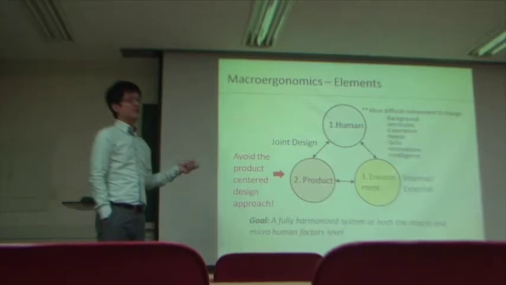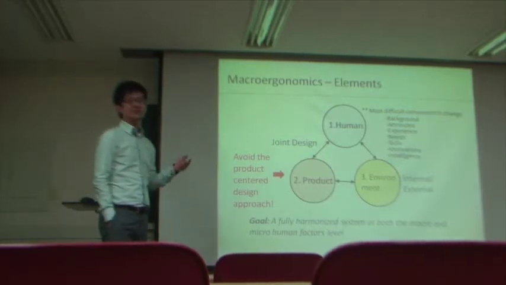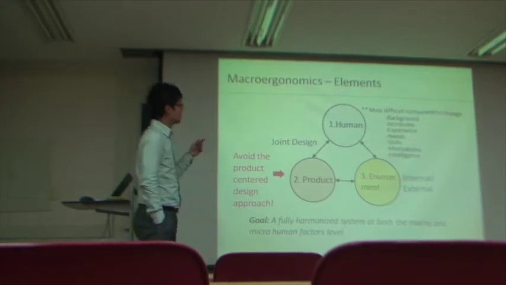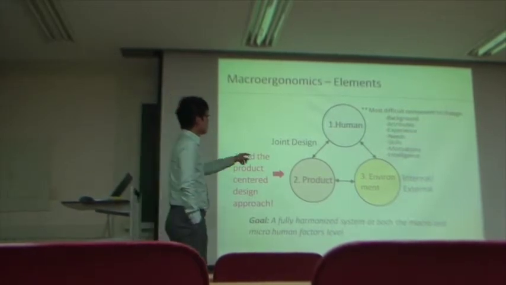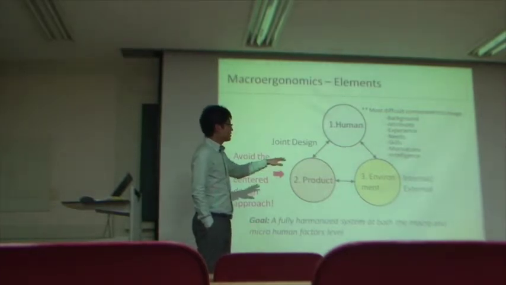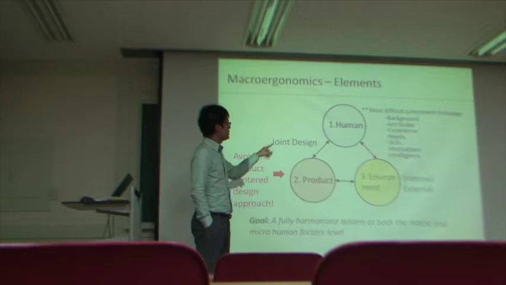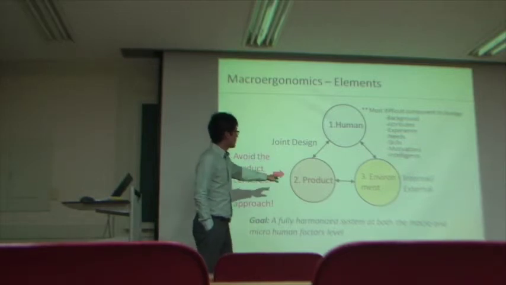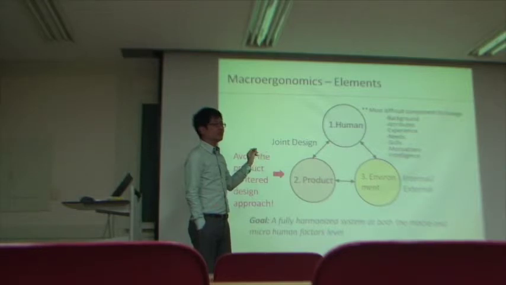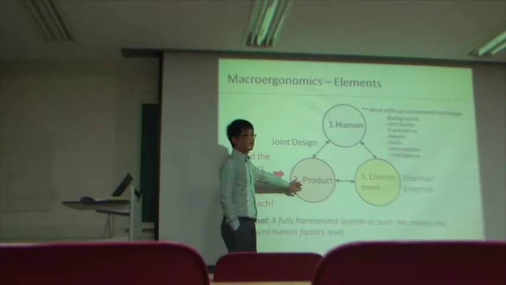And when you are doing a service design project, just keep this in mind. It's not just that we look at problems from the human, product and environment sides. Here you can see the three have interactions. If we are doing a service design, we are focused on a particular touch point.